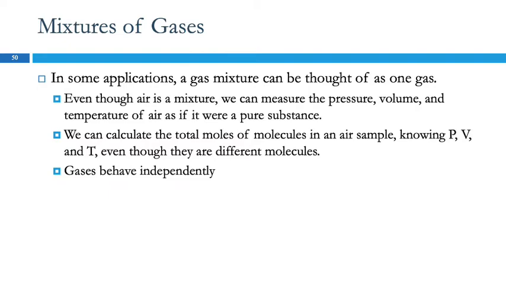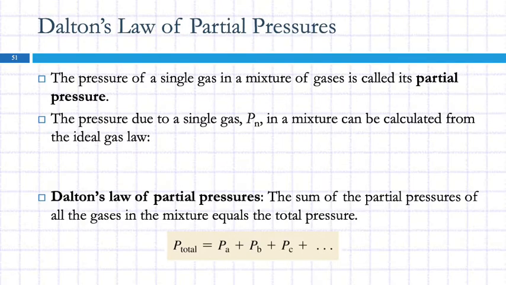So being mixed with other gases does not affect their behavior. Each gas is exerting a pressure on the container, and since that gas is not the only gas in the container, it's not the only one exerting the pressure, the single gas is exerting a partial pressure, part of the pressure that the entire mixture is exerting.